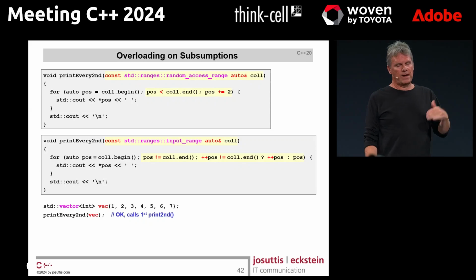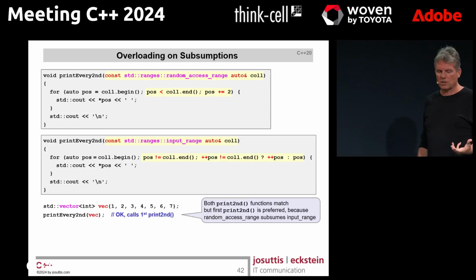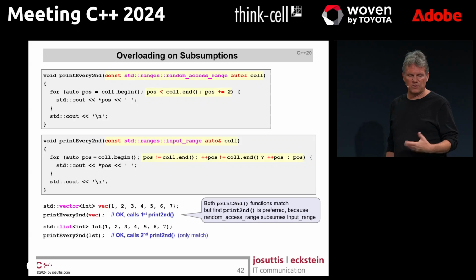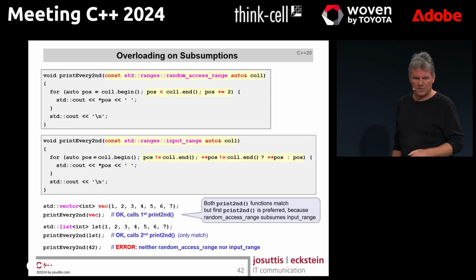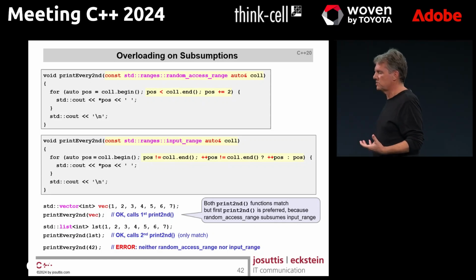But because random access range subsumes input range, the first one is preferred and used. While the second one is used for a list, because for a list, the first function template is not satisfied and cannot be used. And if you pass something that's not a range, like an int, then you get a qualified error message.